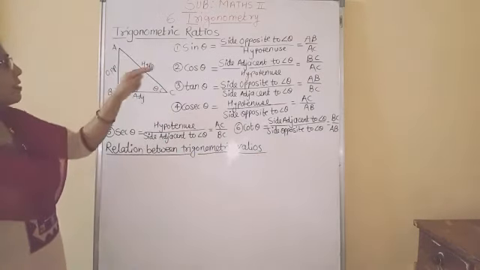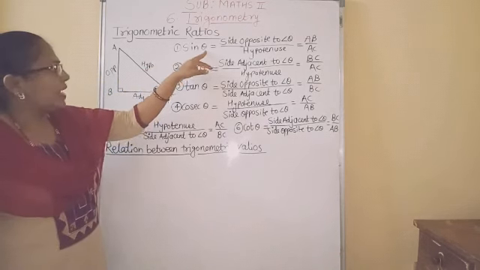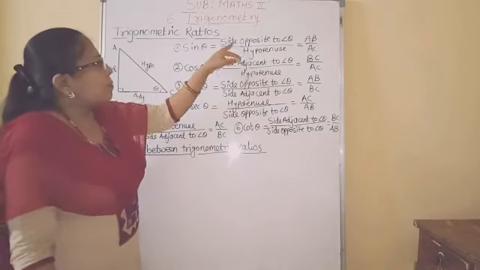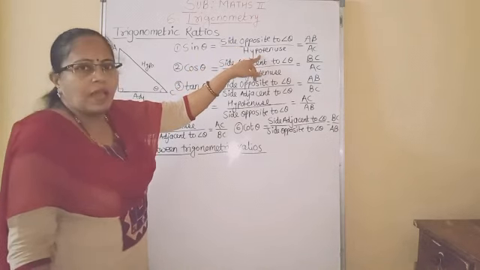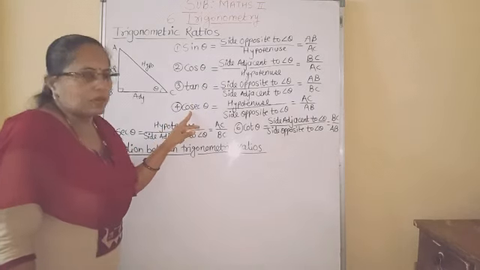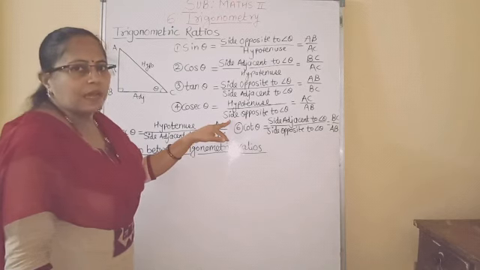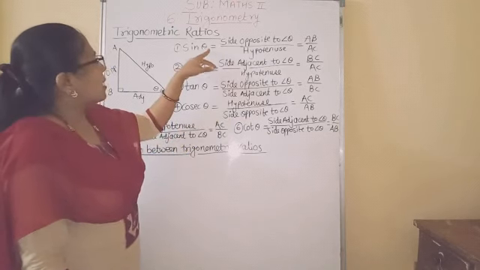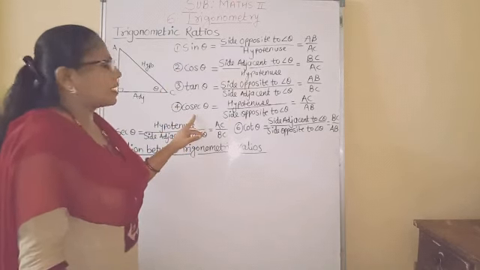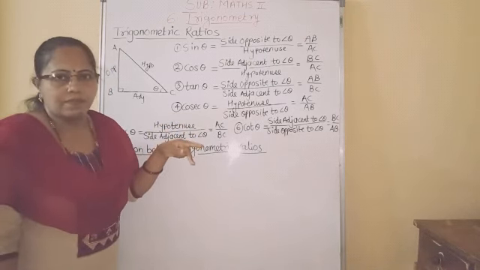Now see, the first trigonometric ratio is sin theta and its formula is side opposite to angle theta upon hypotenuse. Now focus on the cosec theta ratio: hypotenuse upon side opposite to angle theta. So you will come to know that sin theta and cosec theta are reciprocals of each other.